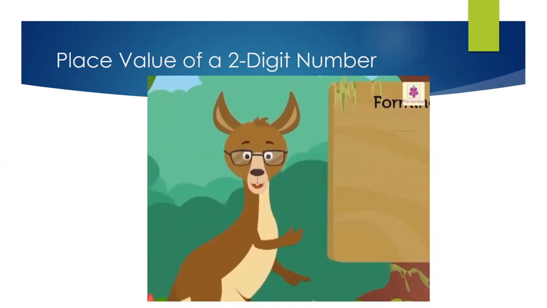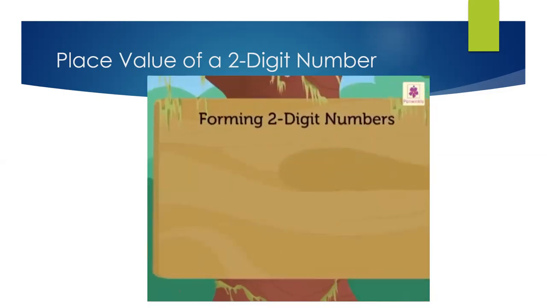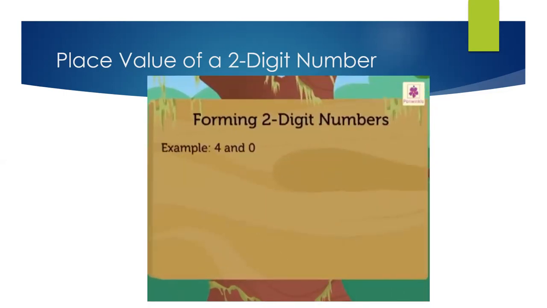Now, let's solve one more example to understand in a better way. We have the two digits 4 and 0. Here we can form two numbers 04 and 40.